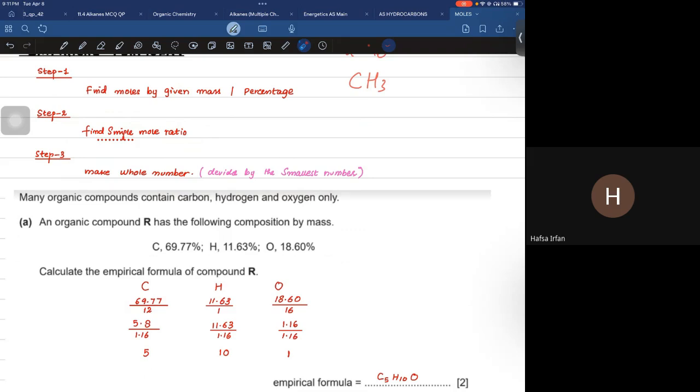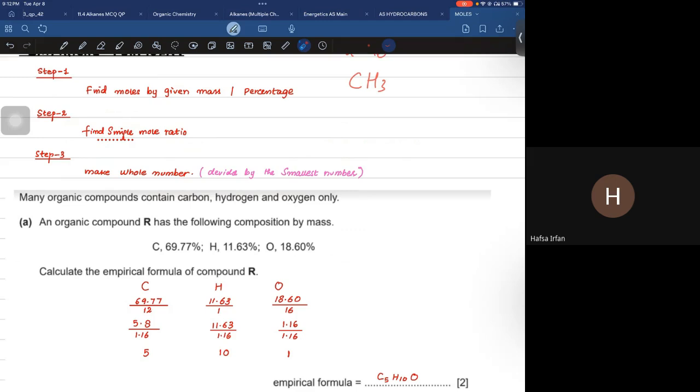Let's suppose in this case, water, H2O. The molecular formula is equal to the empirical formula because you cannot cancel the 2. What about the oxygen? Oxygen is 1. When we are going to cancel, we have to take a common number through which I can cancel the whole thing.